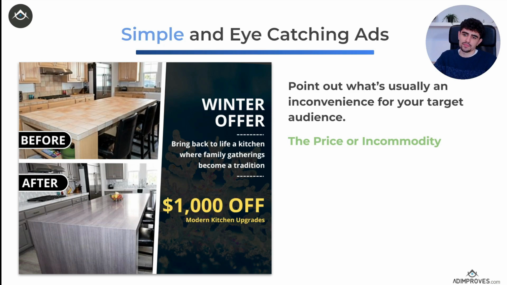So point out what's usually an inconvenience for your target audience, usually the price or an inconvenience they may feel. So maybe they feel like their kitchen is outdated. Maybe they feel like they need some space, or that their kitchen is not at their standard. So you can play with those pain points and get a converting lead.